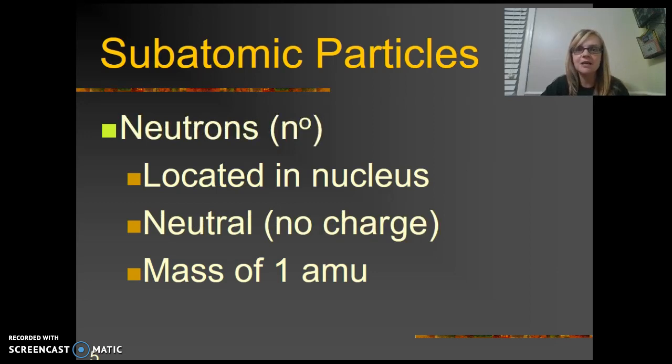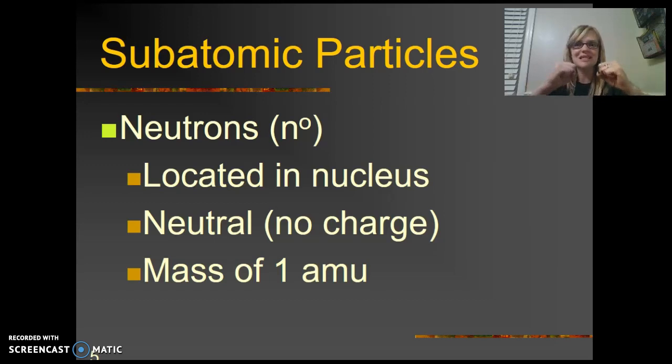The second subatomic particle we're going to talk about is your neutron. And I like to look at the neutron as an N with a 0. And it also tells me the word no. See how it says no? And that is telling you that neutrons have no charge. They are neutral. Okay? They are also found in the nucleus. So let's picture this. You have your positive protons with your neutral neutrons.